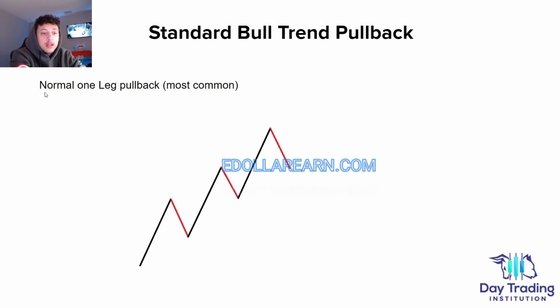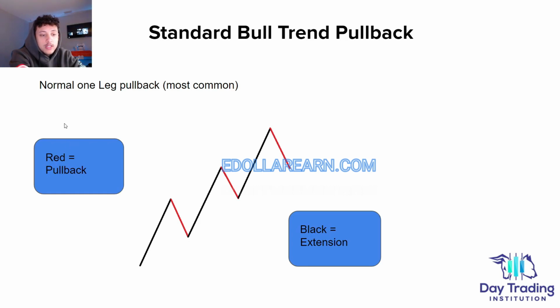Now, keep in mind the normal leg or the extension is going to be in black, and the pullback is going to be in red. So again, red equals pullback, black equals extension. Notice we call this an extension because when price continued with the trend, it extended higher than where the pullback actually started. Notice where this pullback started at this point and ended at this point, and the extension started at this point and ended at this point.